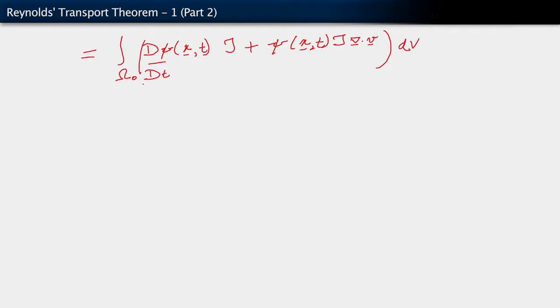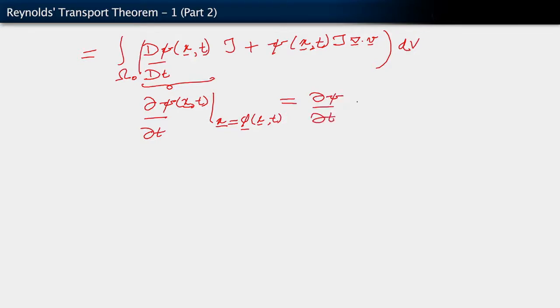Right, and I've introduced this here, but let's just remember that this is after all just this time derivative. But then we also remember that this is just the proper partial time derivative of psi plus the convective term.